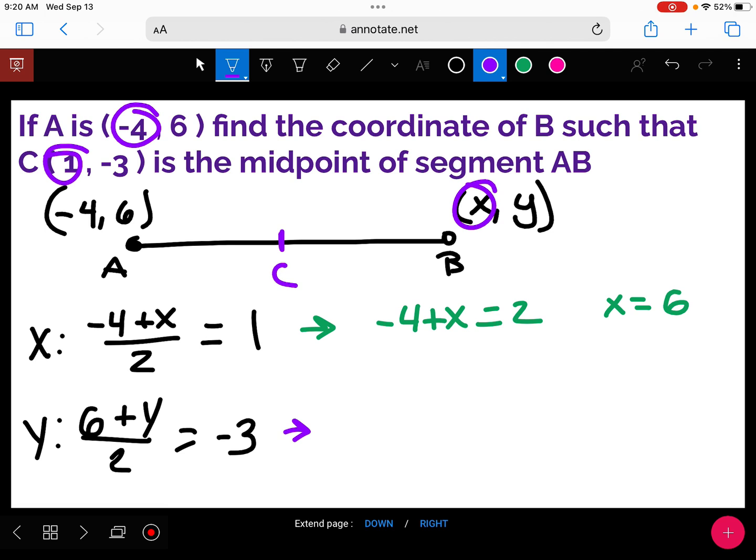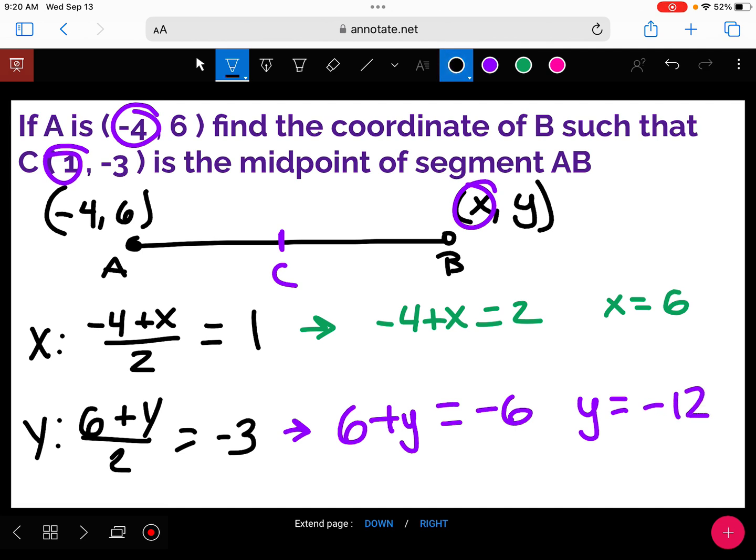Multiply both sides by 2 again. 6 plus Y equals -6. So what does Y equal? -12. Watch those signs. So our point for point B is (6, -12). That is the point that makes C the midpoint.